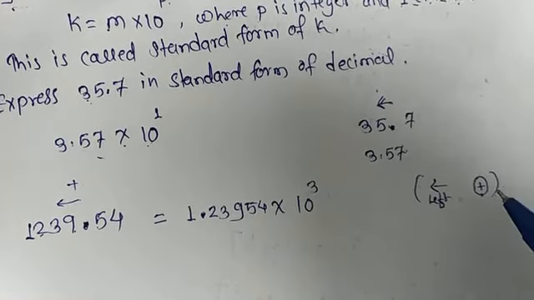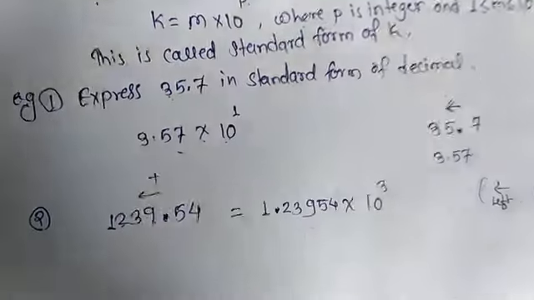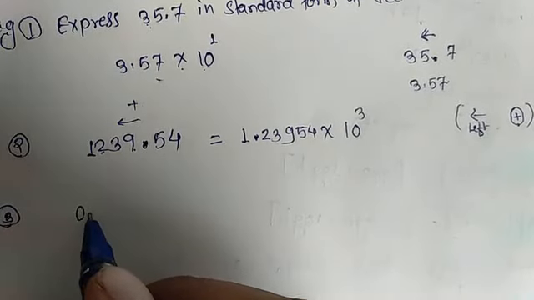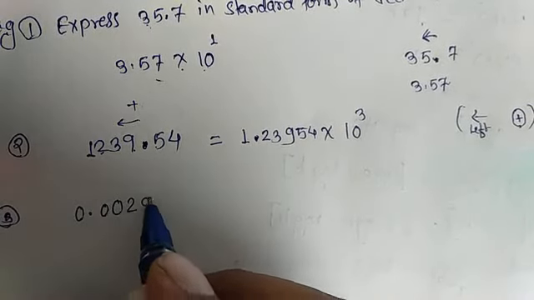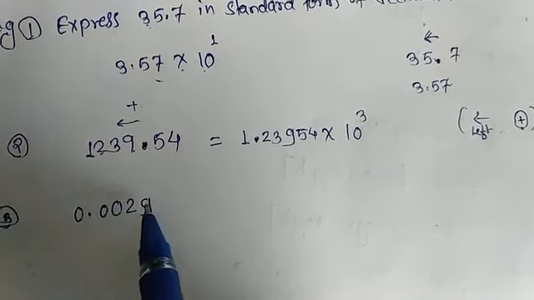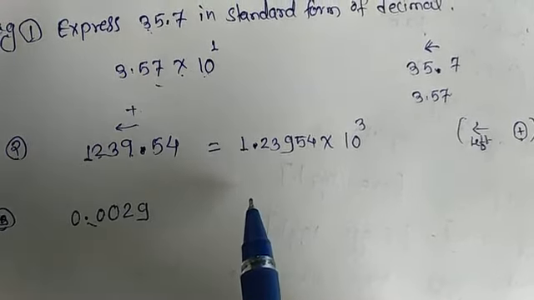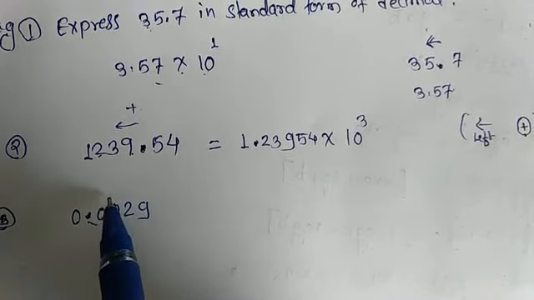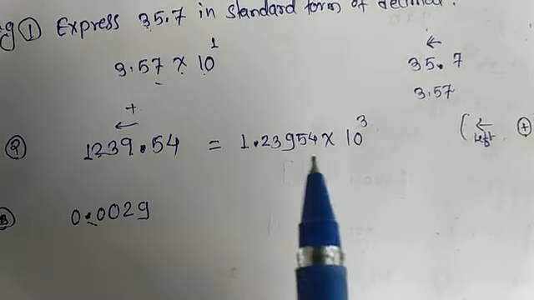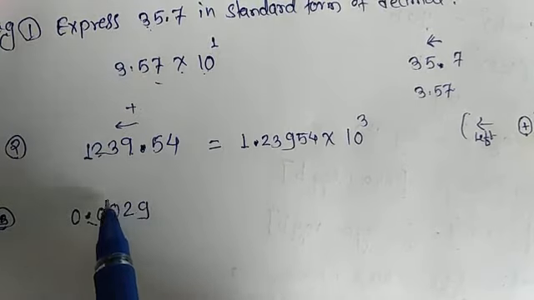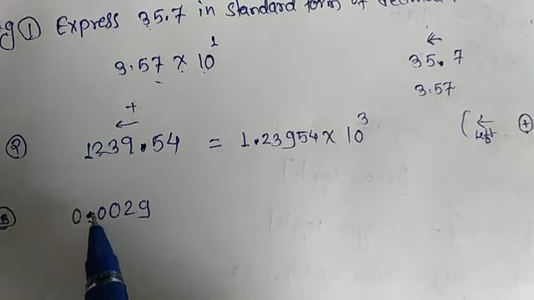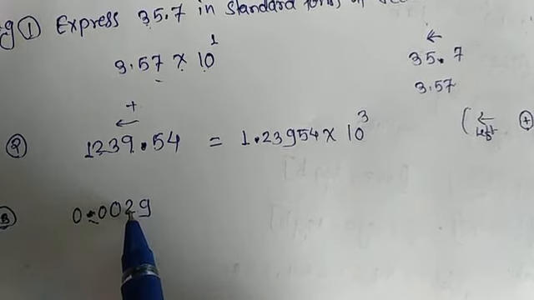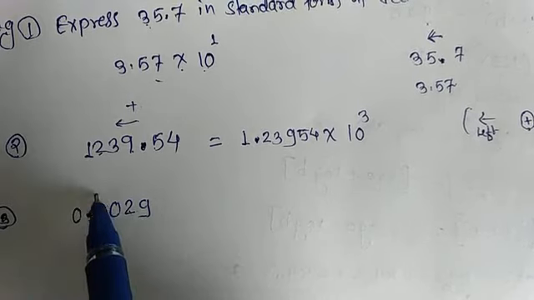Now for the next example, we see one more so that you can understand easily. It is 0.0029. Here it is not between 1 and 10. If we shift toward the left, it will be 0 point only, so in this example we have to shift the point toward the right side.